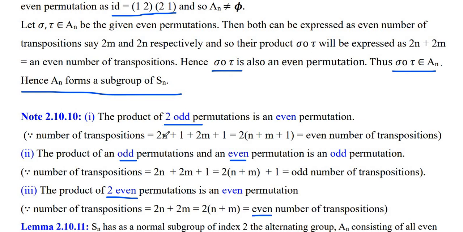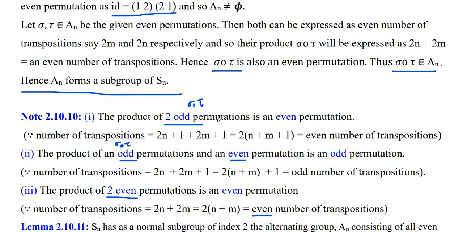So how can we have this? 2 odd permutations: one is represented as say 2n plus 1 number of transpositions, the other one is represented as 2m plus 1 number of transpositions.